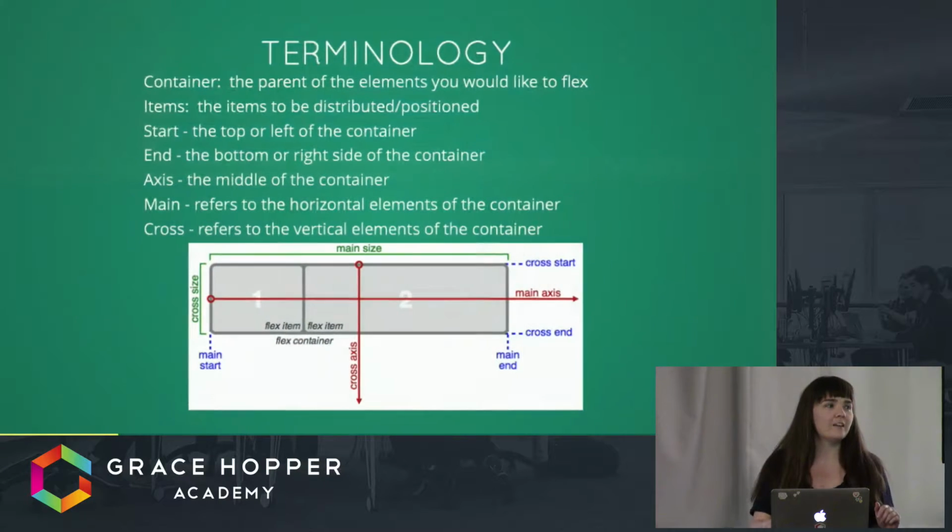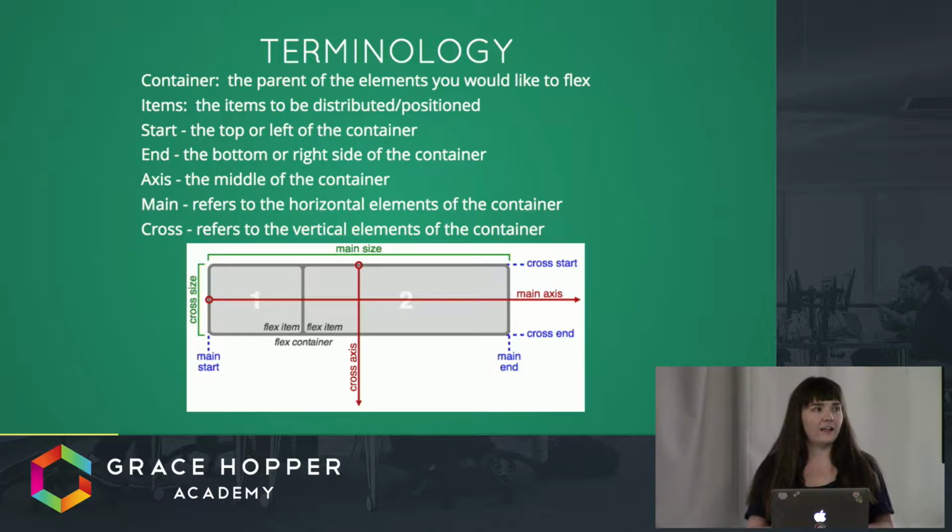So, just a bit of terminology on Flexbox. The container that I'll refer to is essentially just the parent element that you are trying to flex items within, and then the items are the items that you're actually trying to arrange.